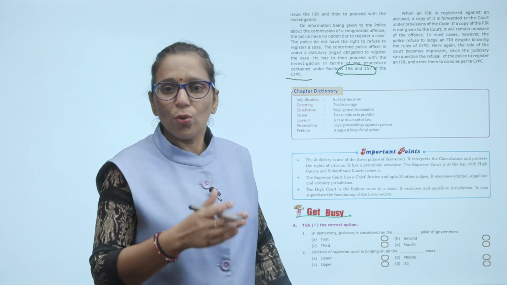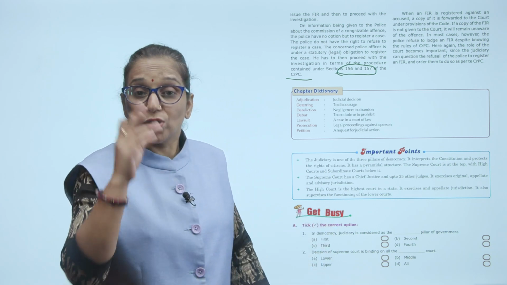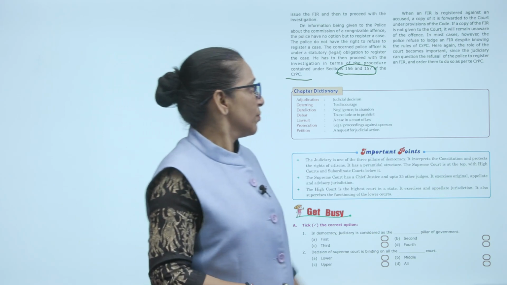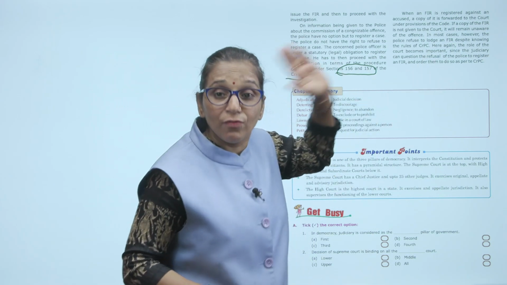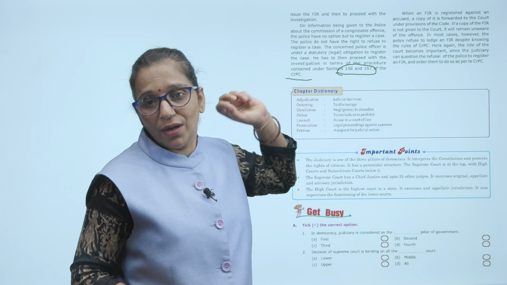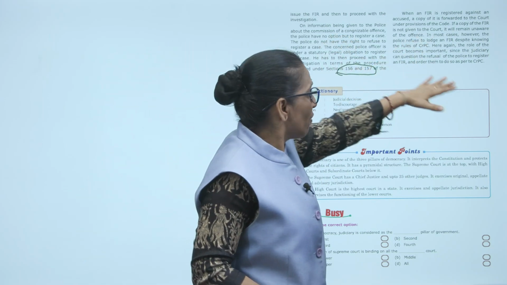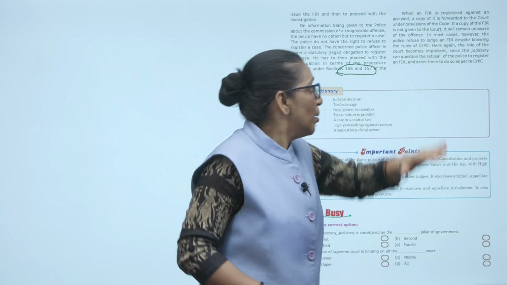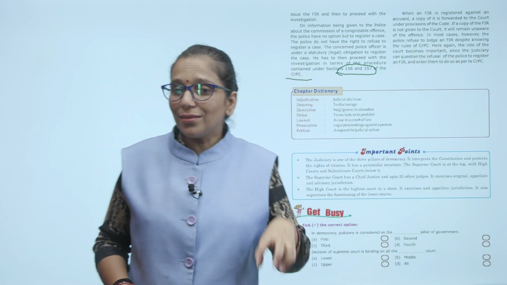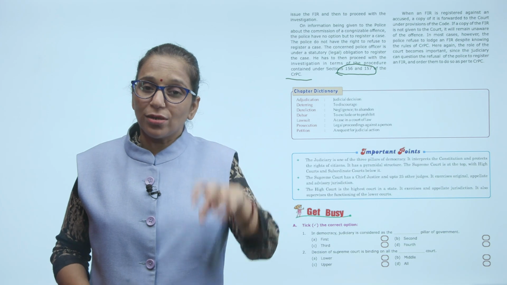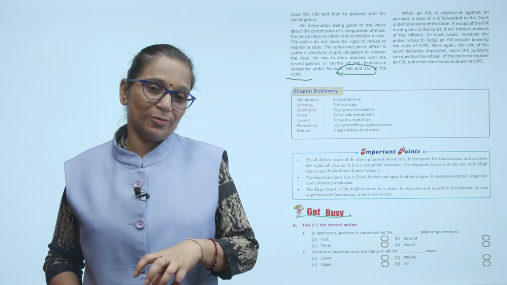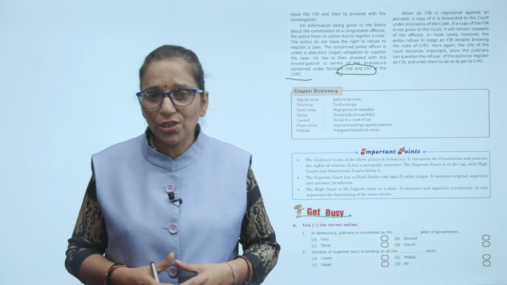Here again the role of the court becomes very important, since the judiciary can question the police why they have refused to file the FIR. So the judiciary is powerful in questioning the police and compelling the police to lodge the FIR in the case. So that ends the chapter.